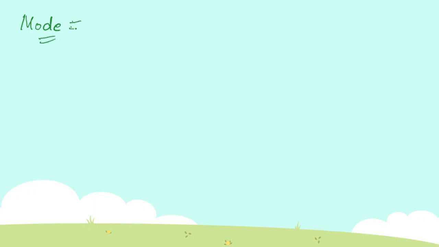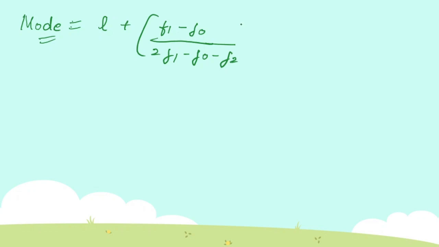Mode is equal to L plus (f1 minus f0) by (2 f1 minus f0 minus f2), into h. This formula is really important to remember. L plus (f1 minus f0) by (2 f1 minus f0 minus f2) into h.